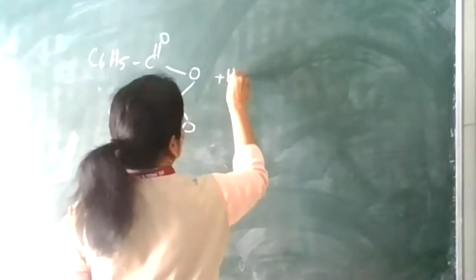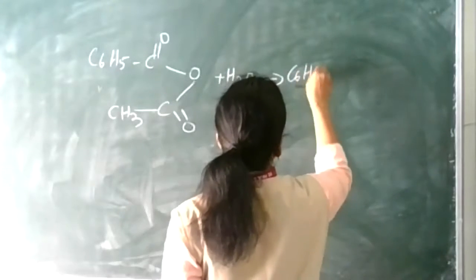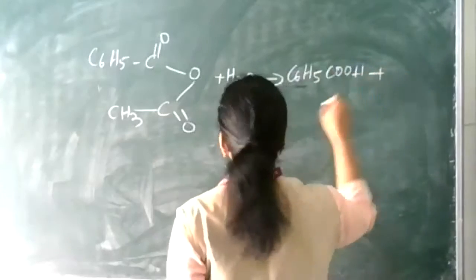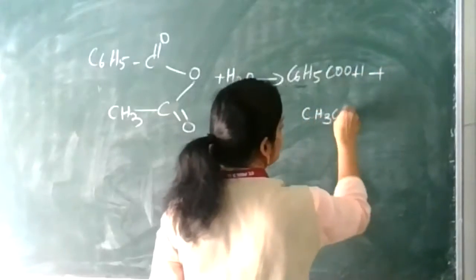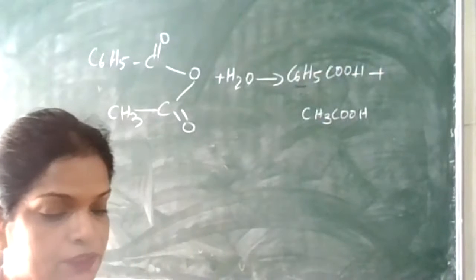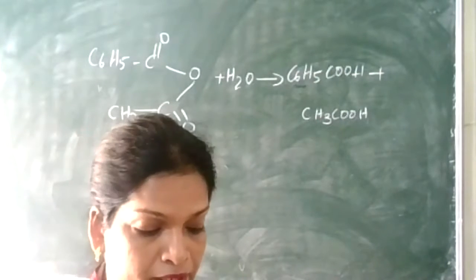Just add water, and you will be getting carboxylic acid. That is two carboxylic acids, C6H5COOH and CH3COOH. Two carboxylic acids you will be getting by adding water to anhydride.